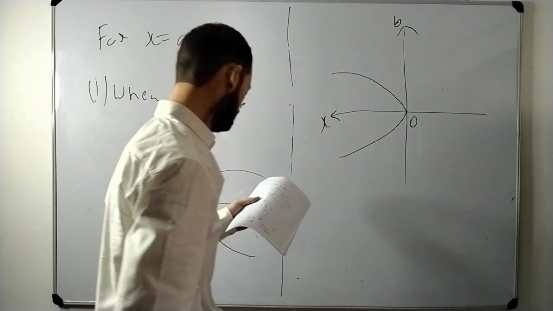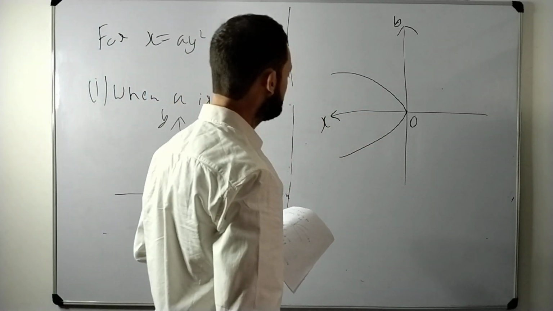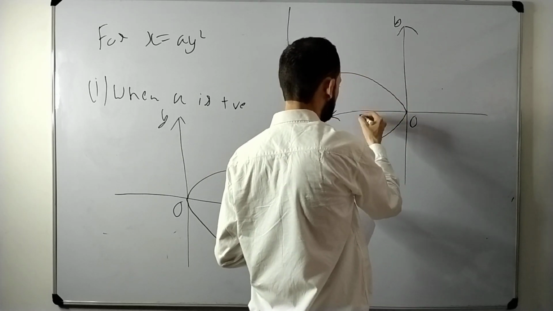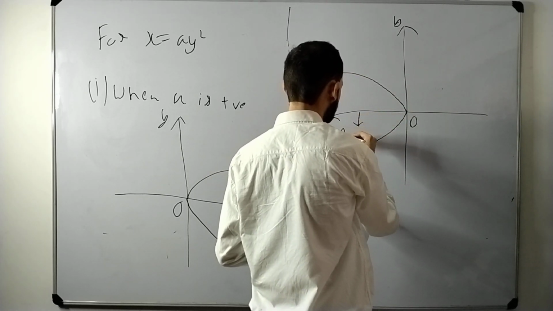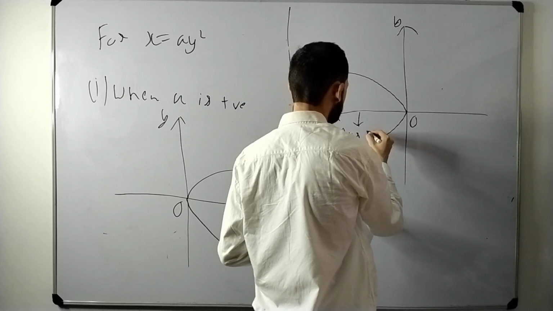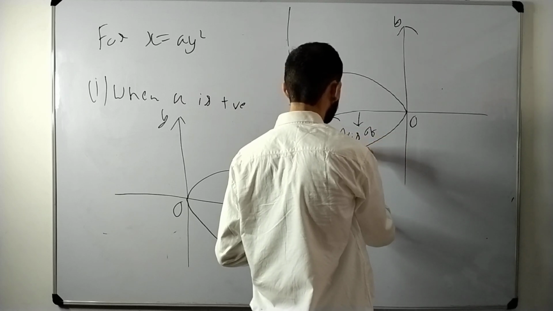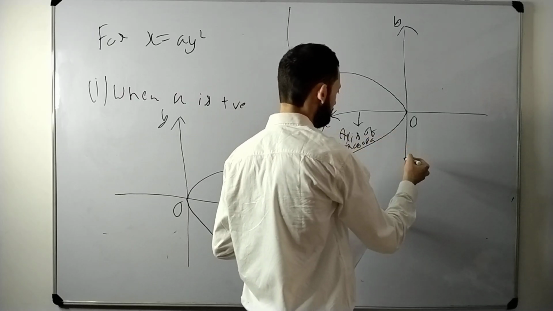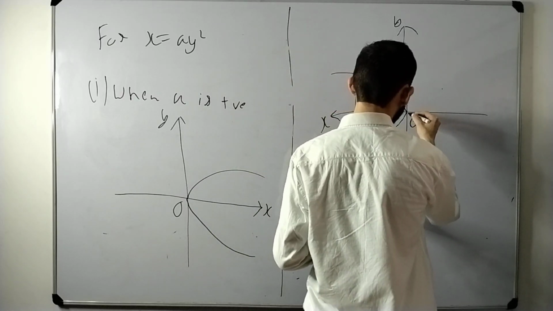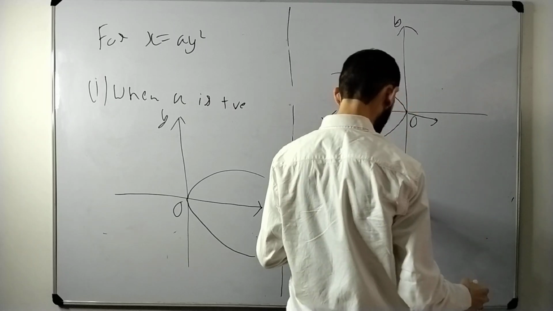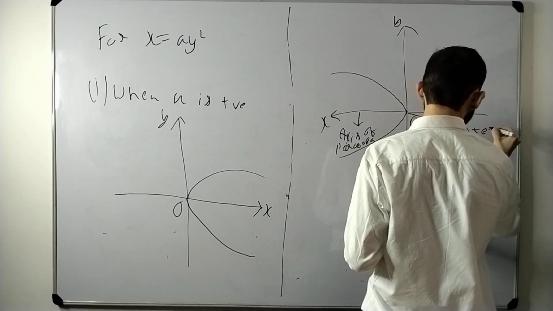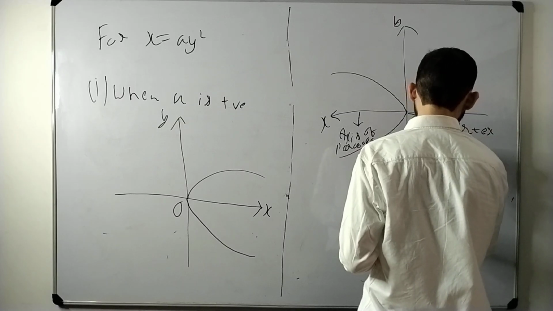Very nice. So what is the axis of the parabola here? Y or x? X, students. This is the axis of the parabola. And this is the vertex of the parabola.